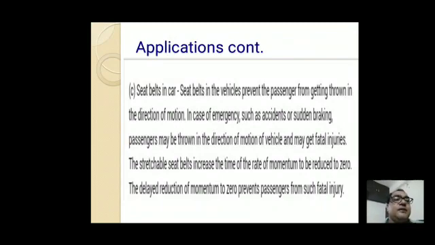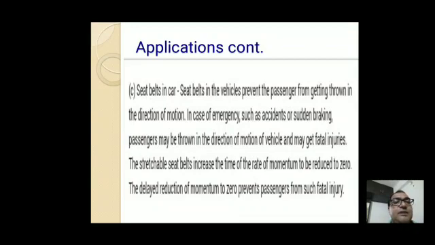Let's understand the next example of Newton's second law of motion. Third example, seat belts in the car. Seat belts in the vehicle prevent the passenger from being thrown in the direction of motion. In case of emergency such as accidents or sudden braking, the passenger may be thrown in the direction of motion of the vehicle and may get fatal injuries.